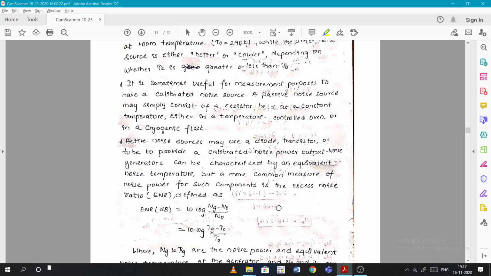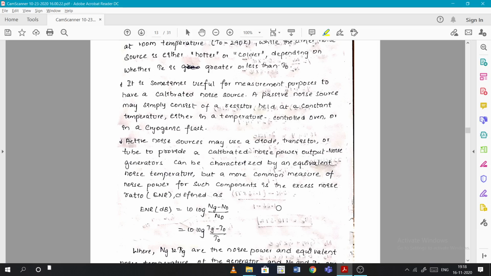So what happens when you take that same device at room temperature, the values are n0. But due to the temperature generated internally, we denote it as Ng. This Ng will be greater than n0, because the temperature is increased.